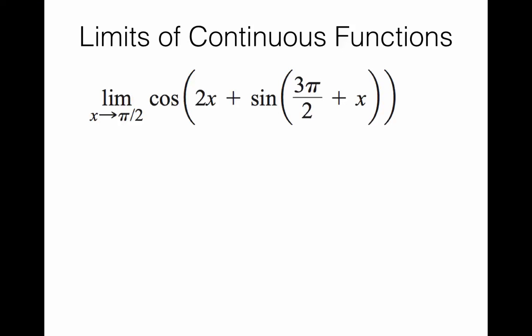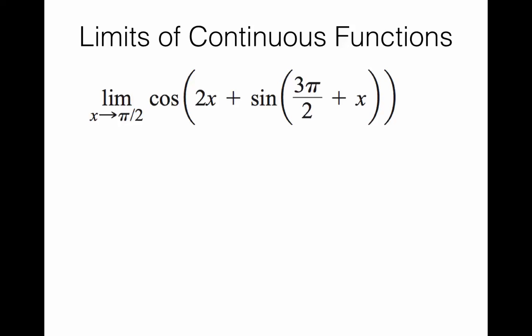Suppose I want to evaluate the limit as x approaches pi over 2 of this composition function, cosine of the quantity 2x plus sine of 3 pi over 2 plus x. So we know that trigonometric functions are continuous. If you think about sine and cosine, the graphs look like waves and there are no holes or breaks in the domain of sine or cosine.